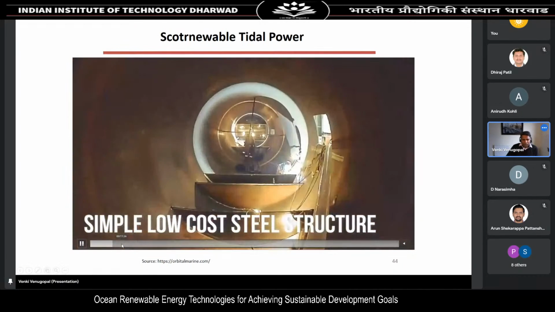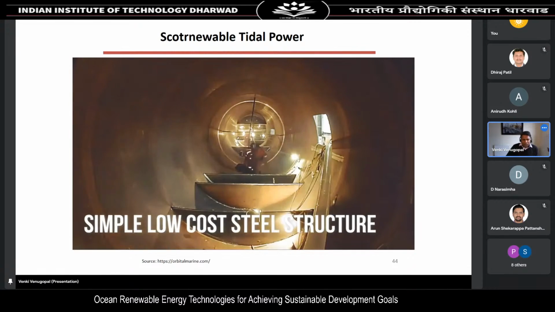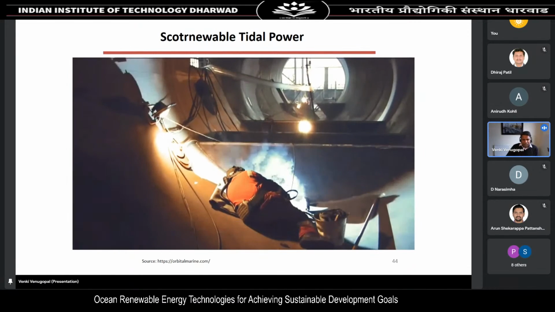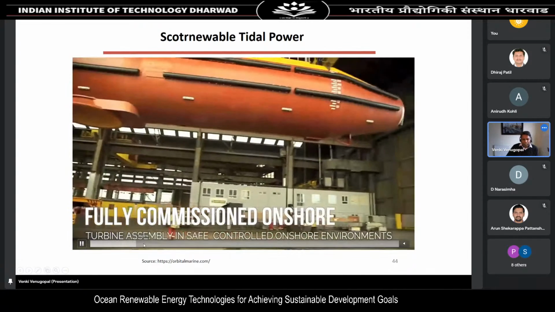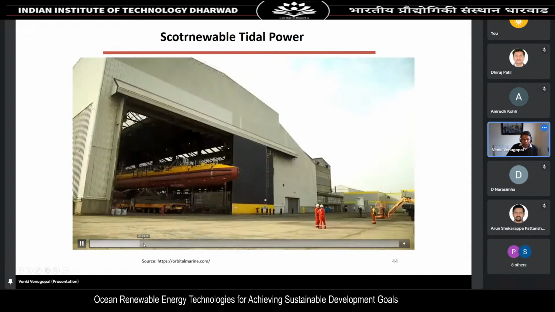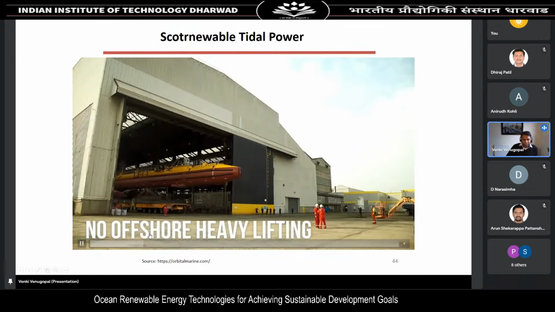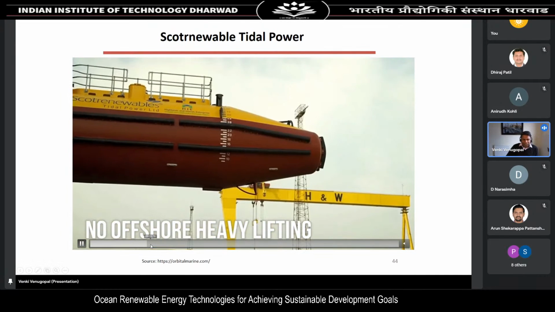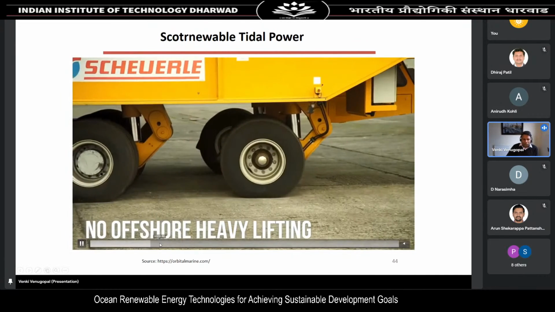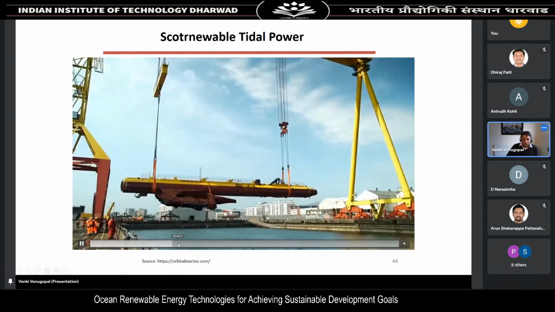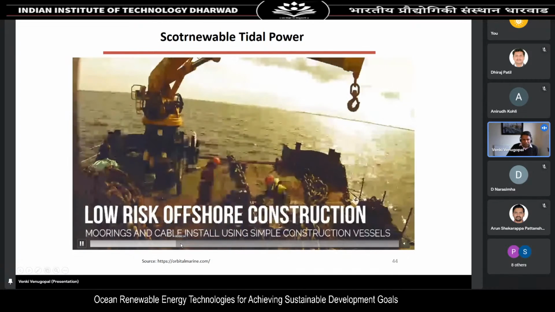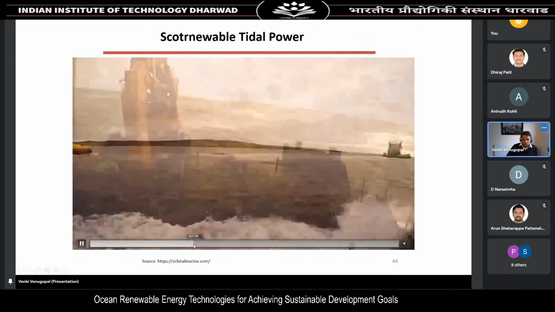This starts with rolling up a steel plate and making it into circular tubes. Then it becomes a float. I will leave this PowerPoint with Professor Dhraj, so you can look at it later on. This is being transported now, and that's the size. It's installed in the ocean.